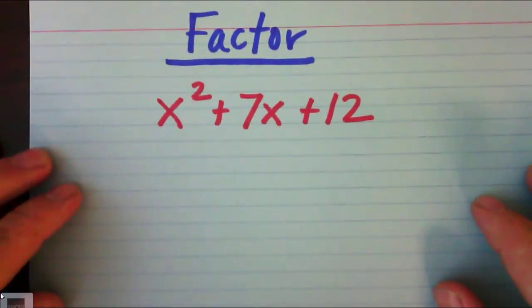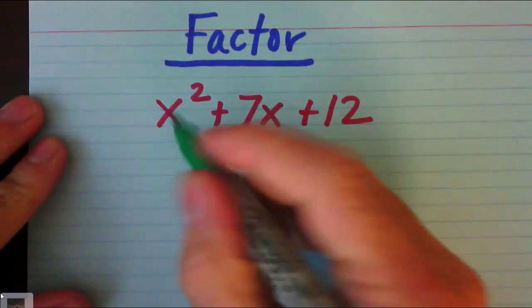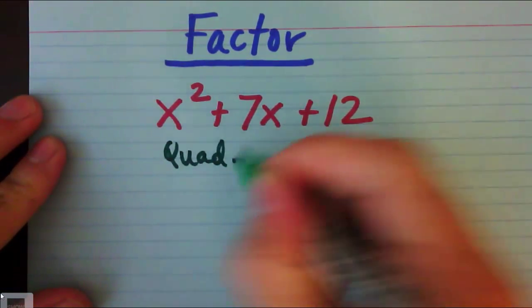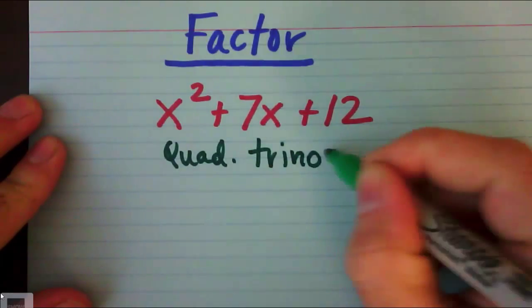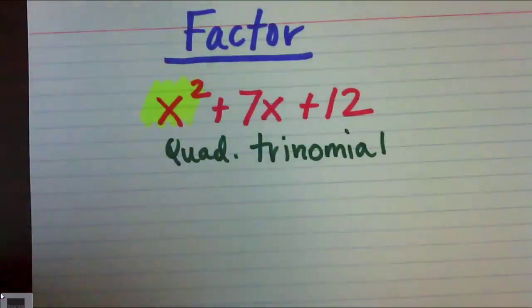Last one right here for us is factoring. I have a trinomial, but what I want to bring your attention to is it's a quadratic trinomial. This goes along with note card number 12. In note card number 12, step number 1 in blue said we're going to find all the multiples of this term right here.